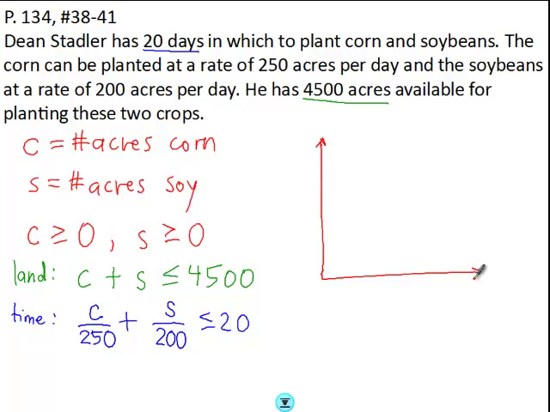So first, let's do the easy one, the land constraint. I should label our axes. C will be the amount of corn, and soybeans will be the vertical axis.